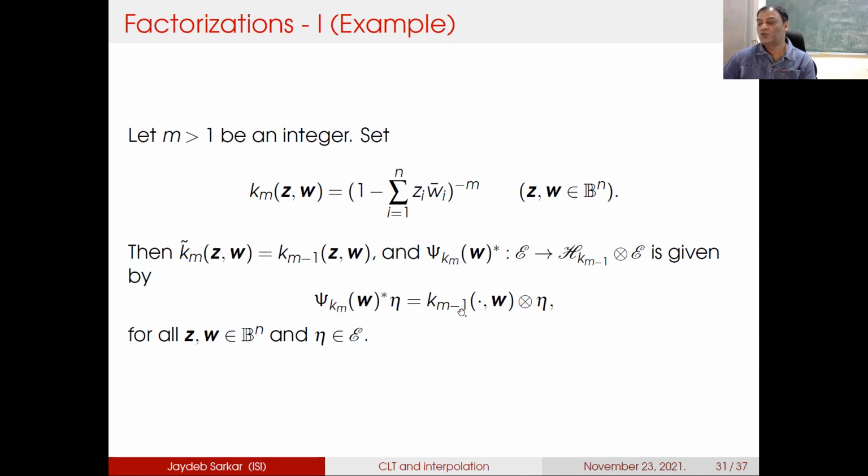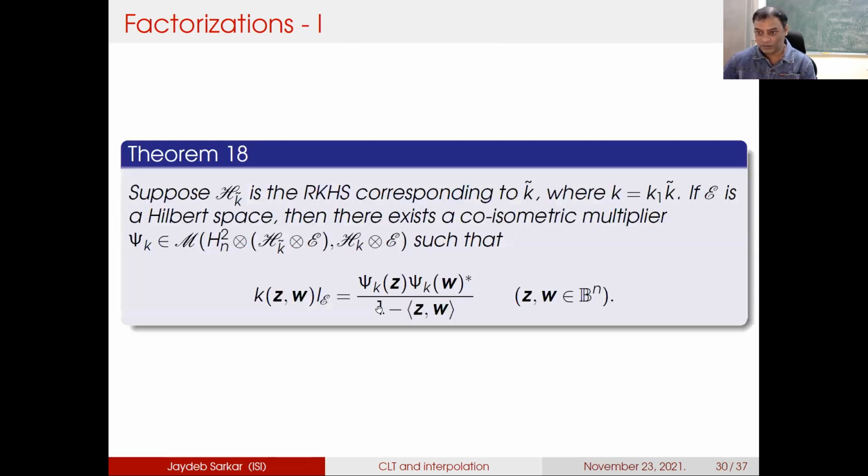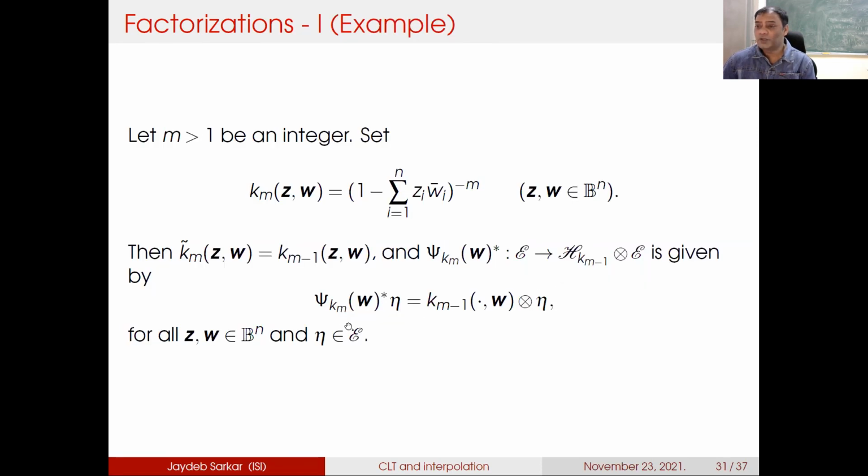In that case, you can prove, and it's also in the literature, even before our paper, that your quasi-symmetric multiplier will be defined in this way. So psi k(omega) star eta is going to be K_{m-1}, just the evaluation map tensored with eta, for all z and omega in the ball B_n, and eta is in E. So this is one concrete example of the situation.